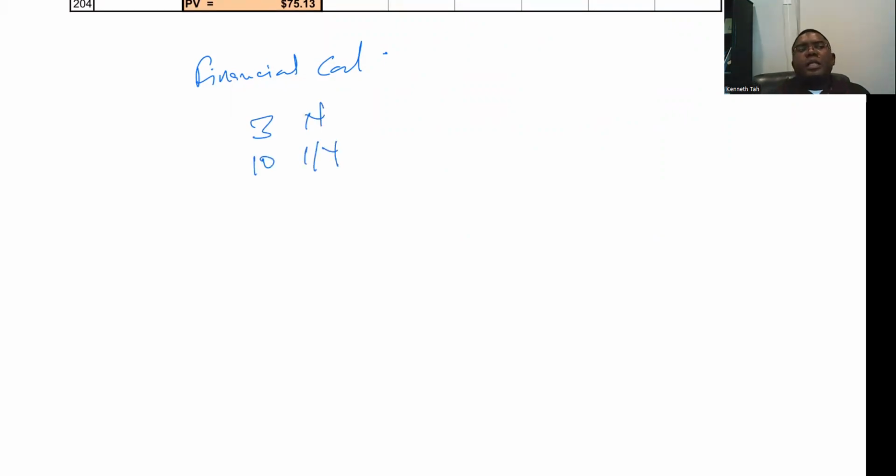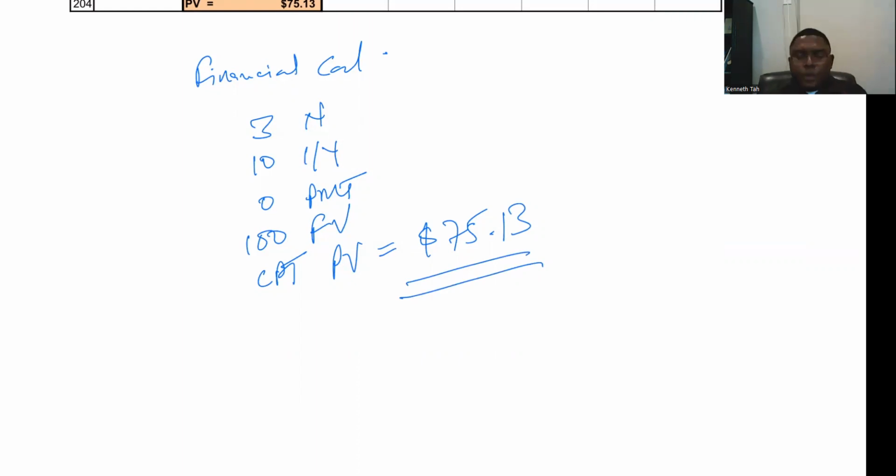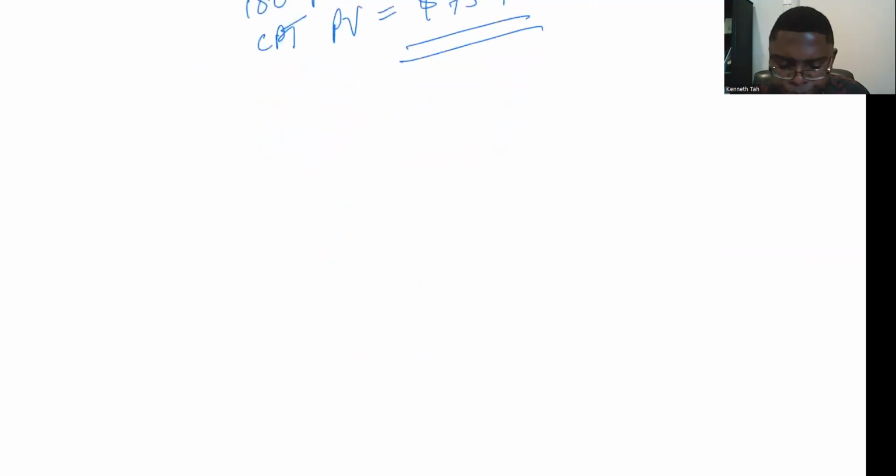Notice when we are using our financial calculator, instead of inputting the interest rate as 0.1, we tend to input it as a whole number. So this is 10, and then we take 0 for our payment. We type 100 for future value, and then we press compute present value, and that is going to give us 75.13. So that is how we use the financial calculator in computing this problem.